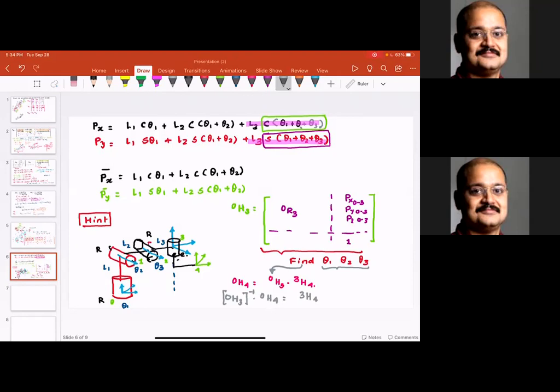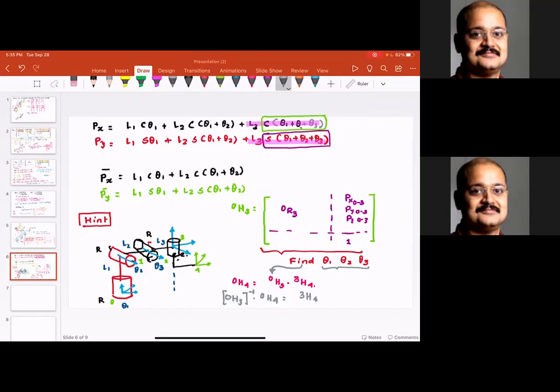And 3H4, this matrix. Now I want you to just for a minute, for a thought exercise: how many angles are there? 4. So do you agree with me that finally, all said and done, 0H4 should include 4 angles: theta 1, theta 2, theta 3 and theta 4.